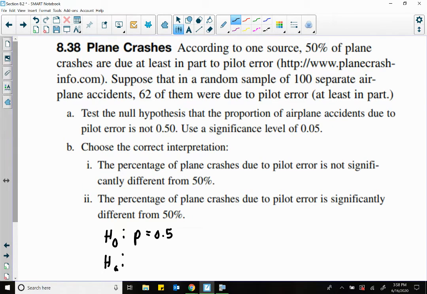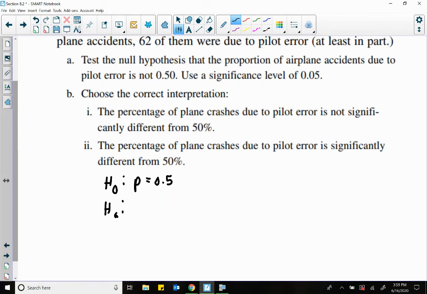Suppose that in a random sample of 100 separate airplane accidents, 62 of them were due to pilot error. Okay? So part A says test the null hypothesis and that the proportion of airplane accidents due to pilot error is not 0.5. Use a significance level of 0.05.